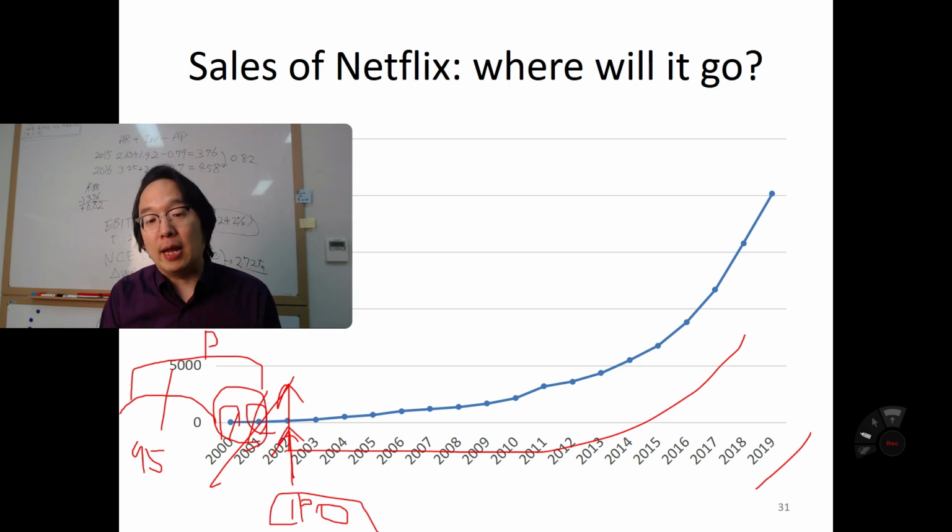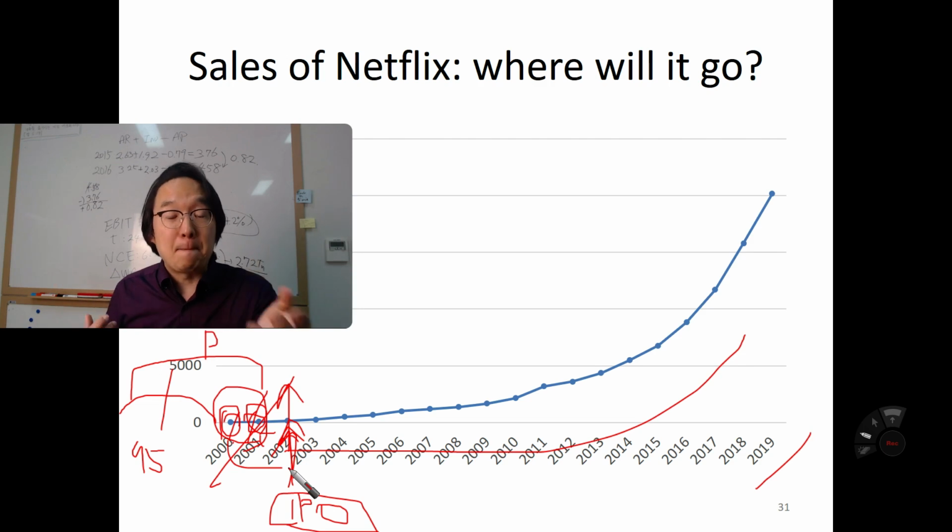Well, at the time of the IPO, Netflix had to disclose its past track record, up to 2 years before the IPO.